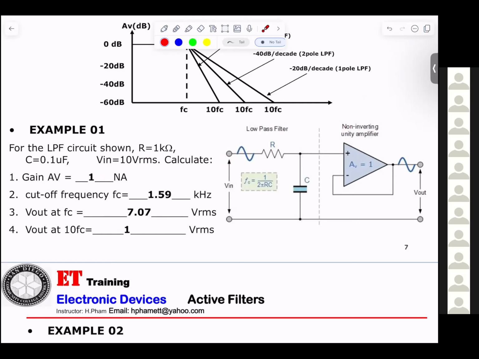Because the output and the input are the same. It's unity. If you're looking at the amplifier, you have to know whether it is inverting, non-inverting, or a follower, unity amplifier. You see the output connected directly to the negative input. That means unity amplifier. Input and output will be the same. That's why the gain equals 1.